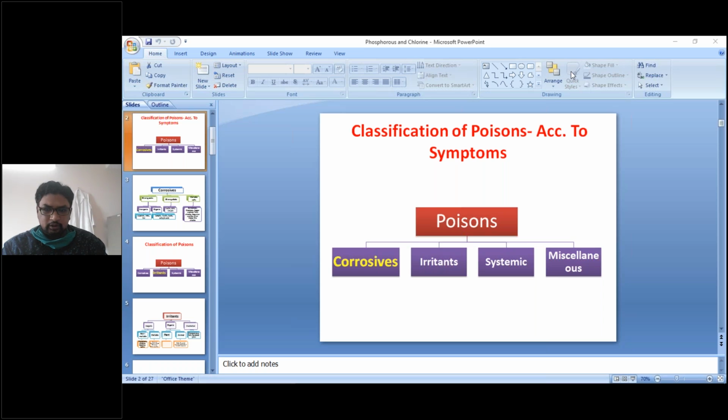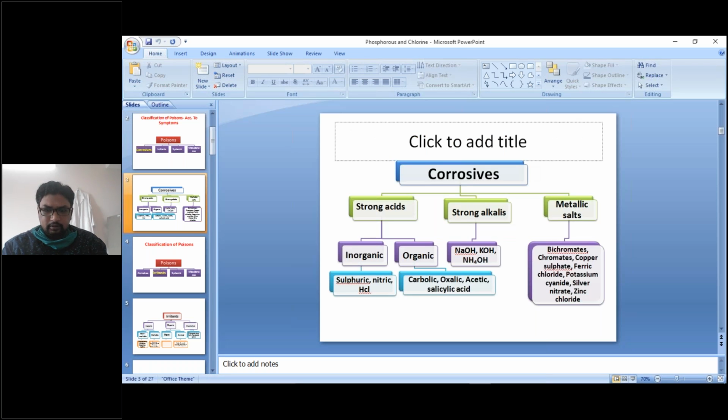In corrosives, we have three types: strong acids, strong alkalis, and metallic salts. In strong acids, we have two types: inorganic and organic. Examples in inorganic poisoning: sulfuric, nitric, hydrochloric acid.